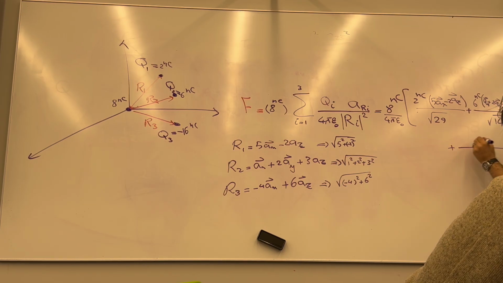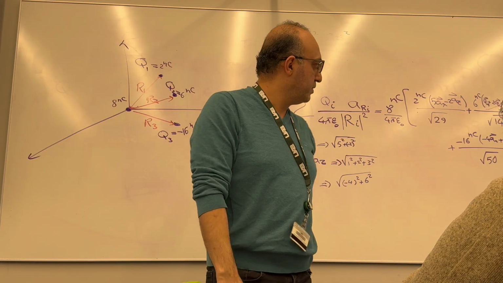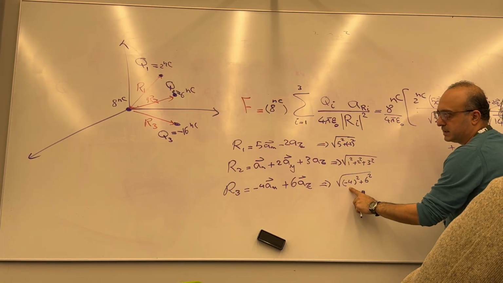Plus minus 16 nanocoulomb minus 4AX plus 6AZ is gonna be 36 and 14 is gonna be 50. Close the bracket. You see, this is a vector and vector and vector. You can simplify that. Eventually, it's going to be one vector, which is the force applied to that charge. 52. 16 plus 16, 36. Okay, yes.